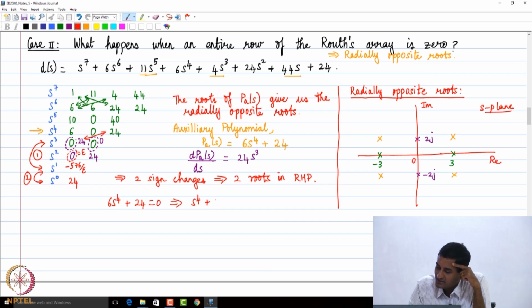So it's just s power 4 plus 4 equals 0. How can I factorize this? Can I write it as s squared plus 2s plus 2 times s squared minus 2s plus 2 equal to 0? Please correct me if I am making a mistake.